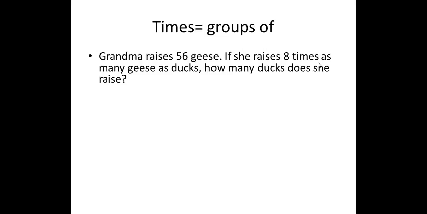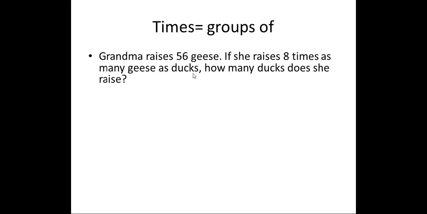If times does not go with the phrase as, then use the word times alone to decide on the three elements. But this time the word times goes with as, so we can only use as to decide which one is the amount in each group and which element is the total amount in all the groups. Now let's look at the noun after the second as, ducks.